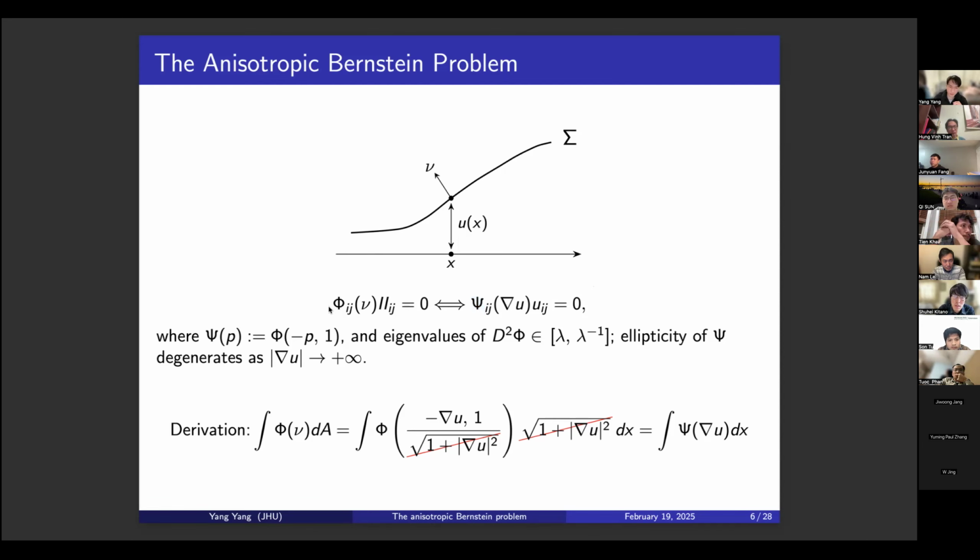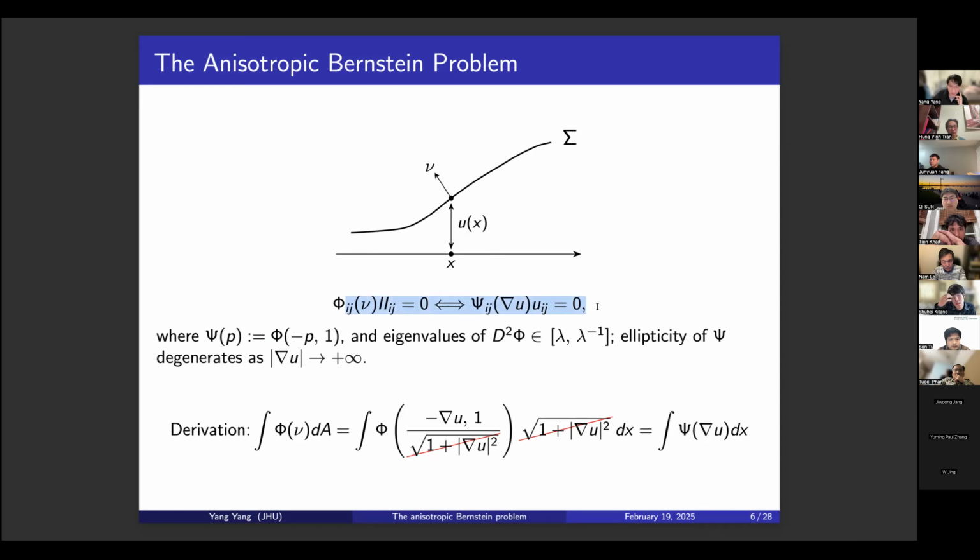Because we assume this phi is one-homogeneous, when we do this restriction, this psi is just asymptotically one-homogeneous. So this quasi-linear elliptic equation degenerates as the gradient of u gets very large. And it degenerates in the same fashion as it does for the minimal surface equation.